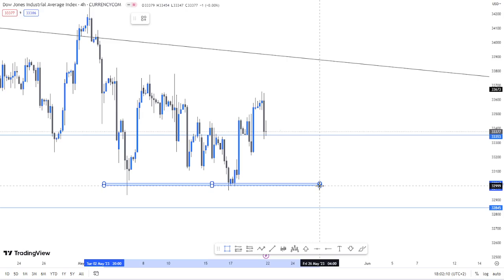I named it as my support. And then another thing, I'm gonna go on my higher highs, and then I'm gonna be plotting my resistance. So this is my resistance. Let me name it as my resistance. Okay, there we have it, guys.